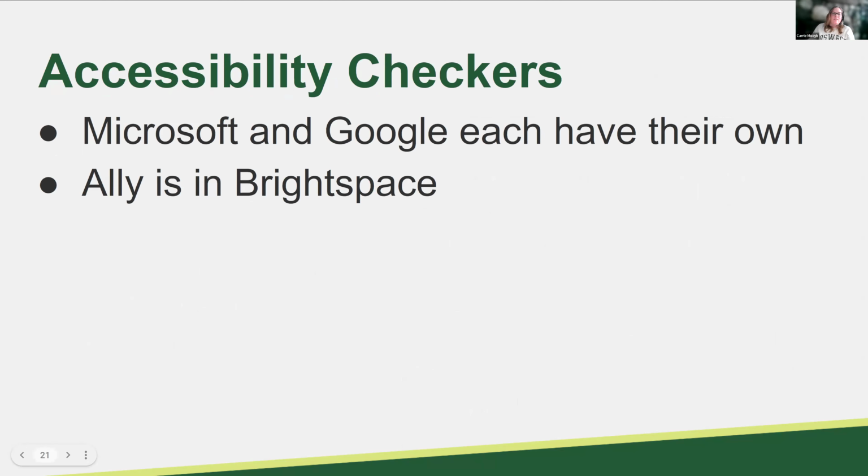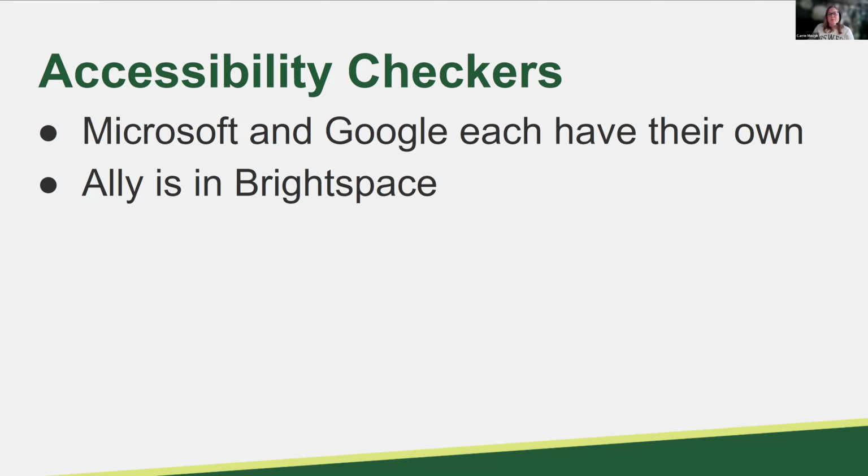So now that we've gone through and shared some of the terms that are related to accessibility, I did want to point out that we have things like the accessibility checkers. Microsoft and Google each have their own. Ally is inside of Brightspace, and there are some add-on ones that you could get where it will allow you to check your document to see what could be improved for accessibility.